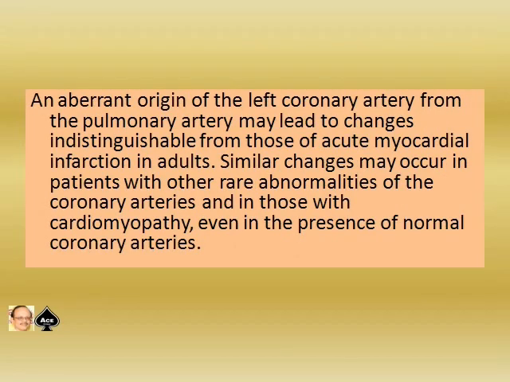An aberrant origin of the left coronary artery from the pulmonary artery may lead to changes indistinguishable from those of acute myocardial infarction in adults. Similar changes may occur in patients with other rare abnormalities of the coronary artery and in those with cardiomyopathy, even in the presence of normal coronary arteries.